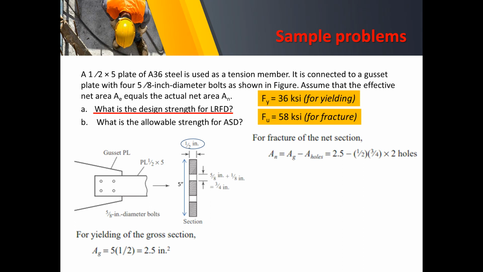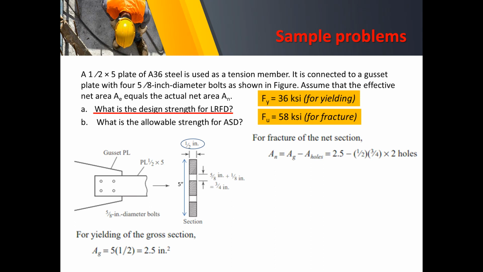So of course, we multiply by the 1/2 thickness to deduct the area occupied by the bolts. There are 2 bolts, so there are 2 holes. So 1/2 the thickness, 3/4 is the effective nominal diameter, times 2 holes.